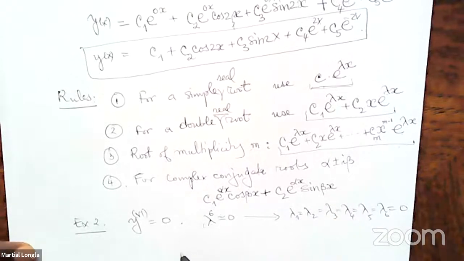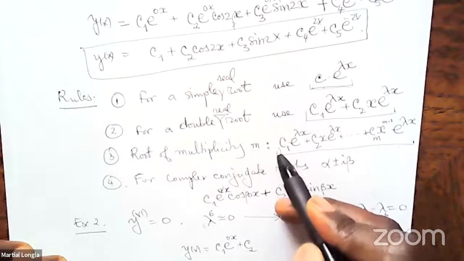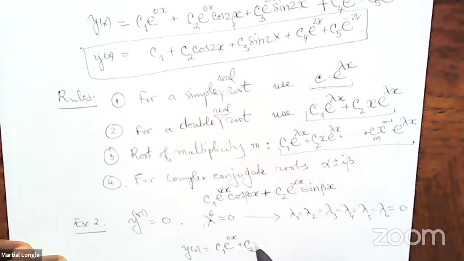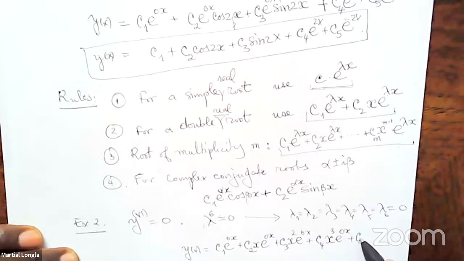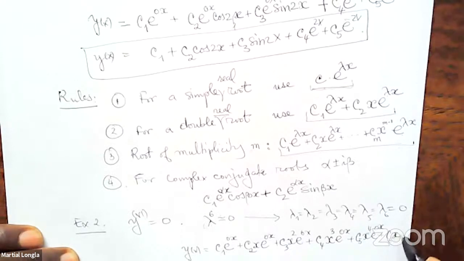Therefore, your answer is going to be y of x equals c1 e to the 0x plus c2 x e to the 0x plus c3 x squared e to the 0x plus c4 x cubed e to the 0x plus c5 x to the 4th e to the 0x plus c6 x to the 5th e to the 0x.